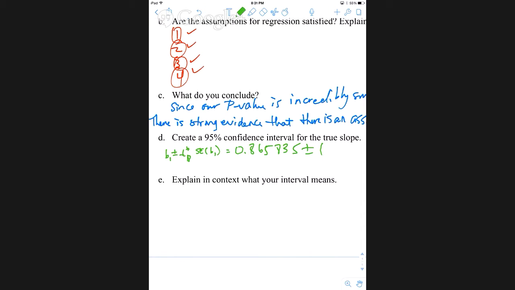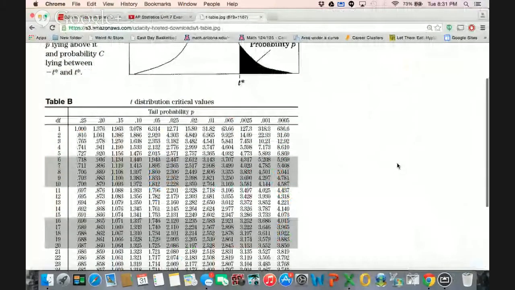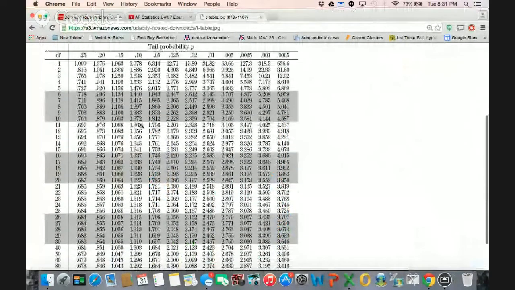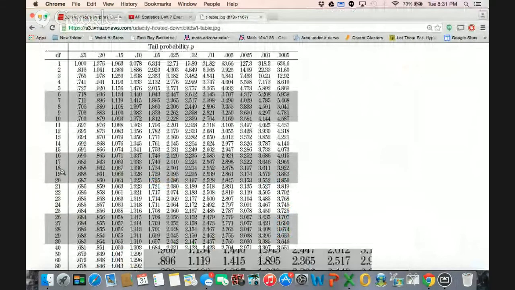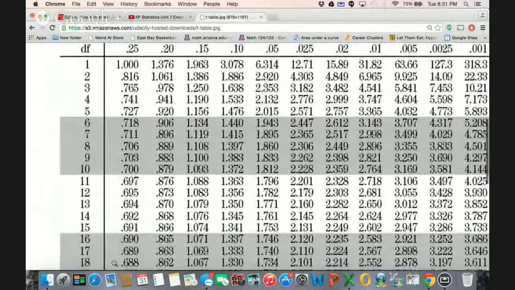Okay, so I'm going to stop sharing that, and I'm going to share my screen again. Hopefully you see this. This is my T table, and I am looking at degrees of freedom here. I have 18. Let me zoom in a little bit.